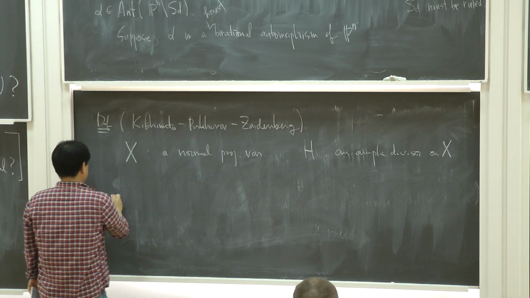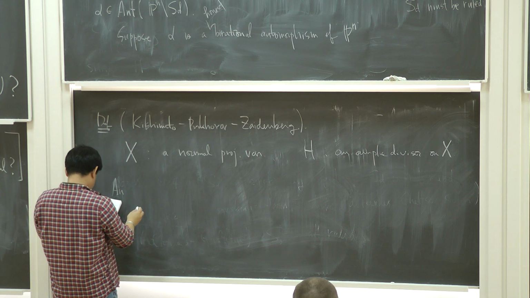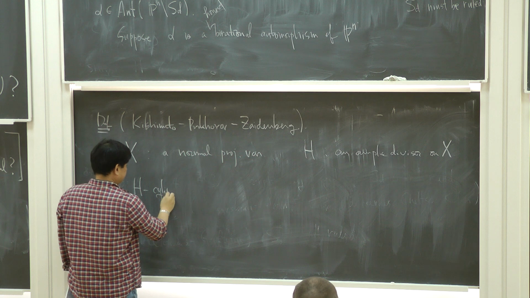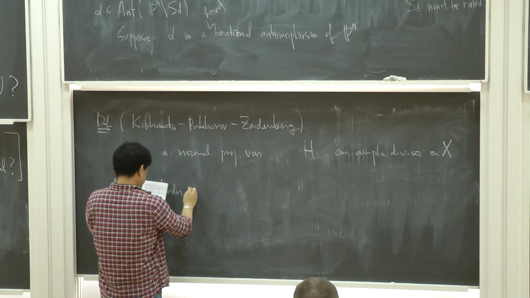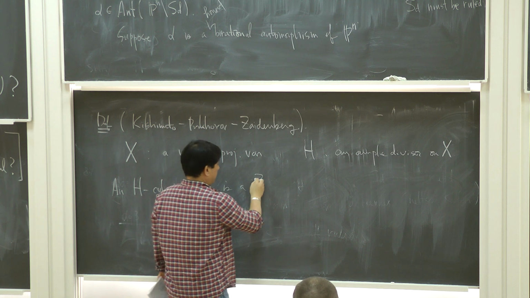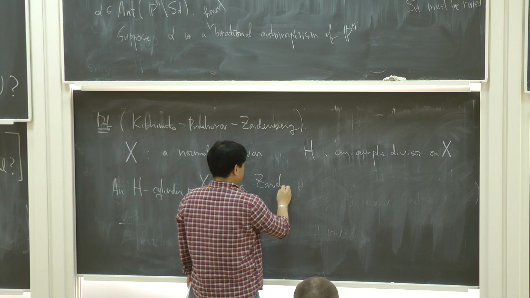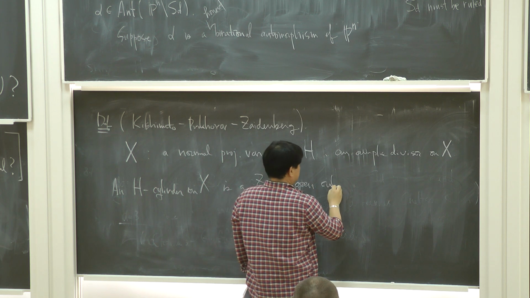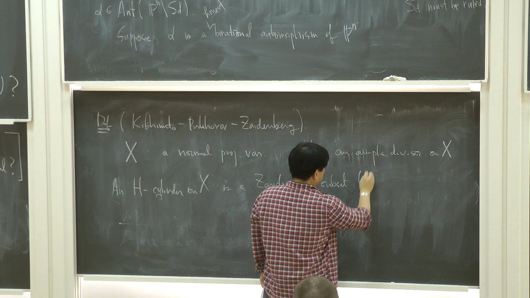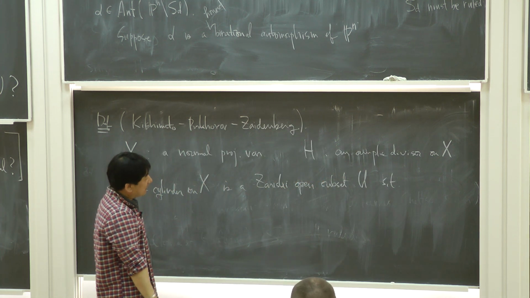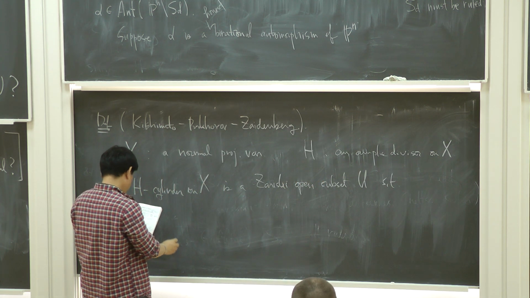Then we define an H-cylinder on X. This is a Zariski open subset U satisfying the following two conditions.